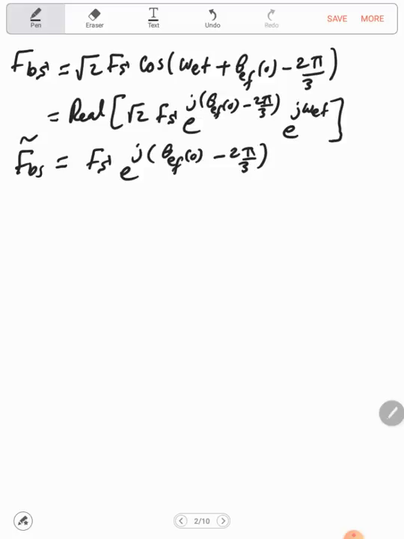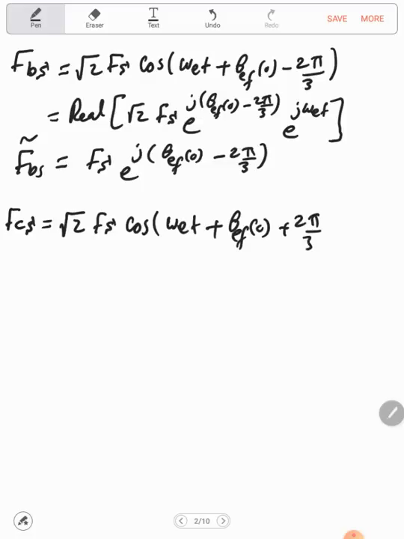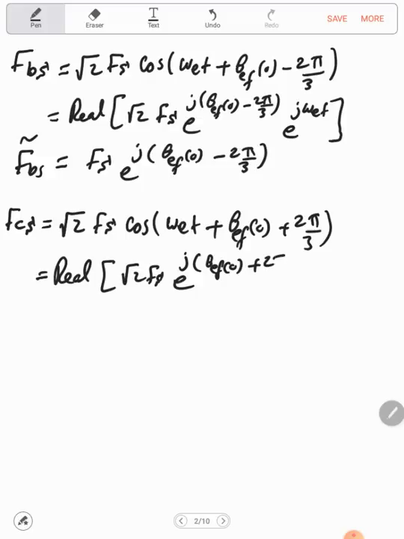The same thing we can do for the Fcs. So Fcs in time domain equals square root of 2 Fs cosine omega Et plus theta EF of 0 plus 2 pi over 3, and this is the real part of the square root of 2 Fs exponential of j theta EF of 0 plus 2 pi over 3 exponential of j omega Et.